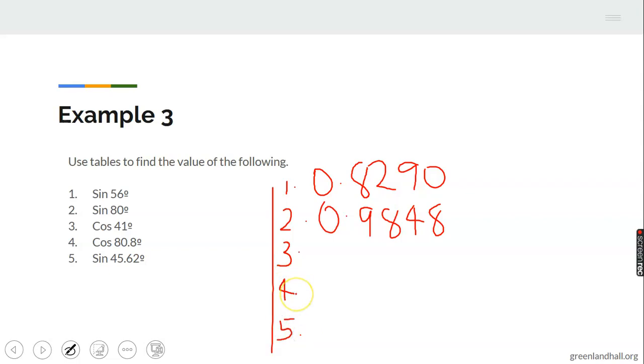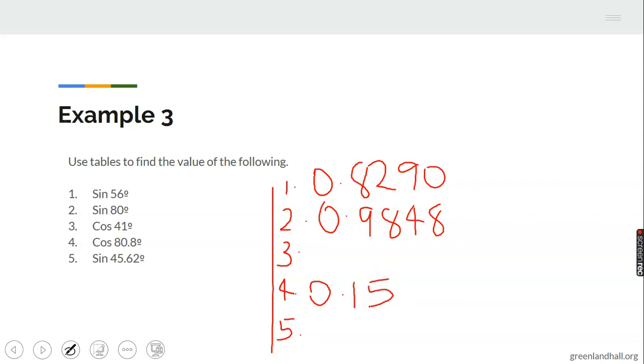Okay? For question 4, you go to your cos table. Then you check 80 under 8. That is cos 80.8. That is 80 under 8, and you are going to see 0.15.